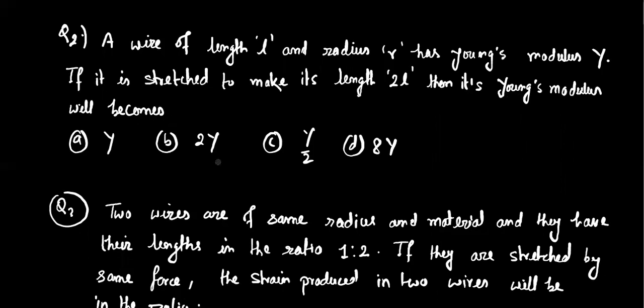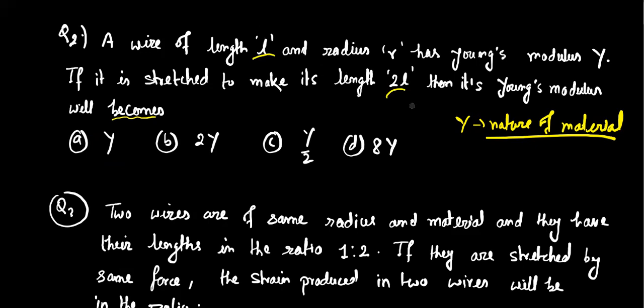We have to understand that Young's modulus particularly depends upon the nature of the material, which means that by increasing the length or decreasing the length, there is no impact on this value.